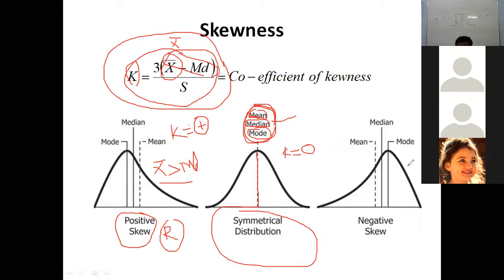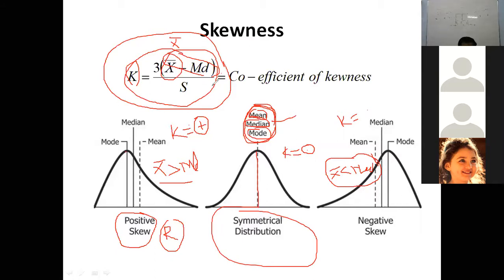What about here? Here the mean is less than the median. So what can you say about K? Is it plus or minus? Mean is a lesser value than the median.